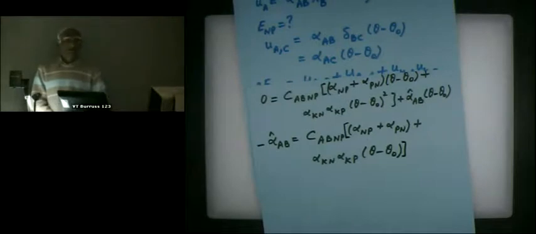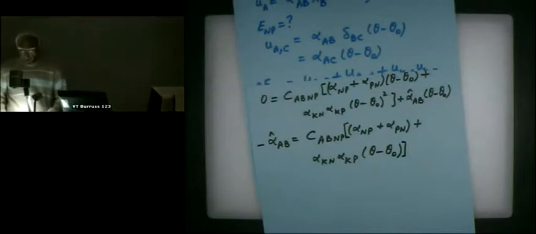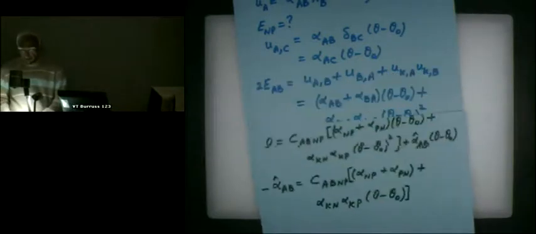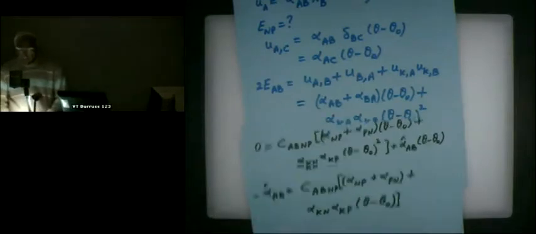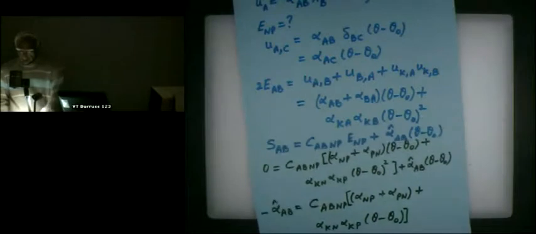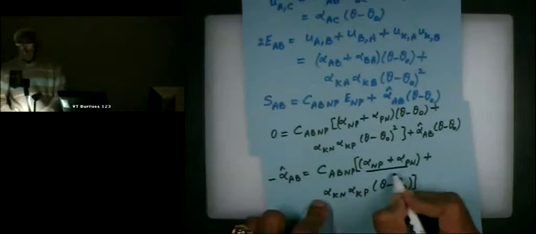Yes, Franz. Why didn't we put in a 1/2 when we put in the E_AB? Oh, I did not put that 1/2 either. So that's another problem. So I should put, let's see, where should it go? It should go here. Yes, you are right.